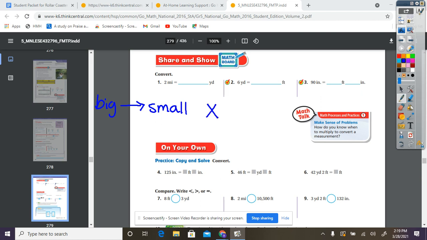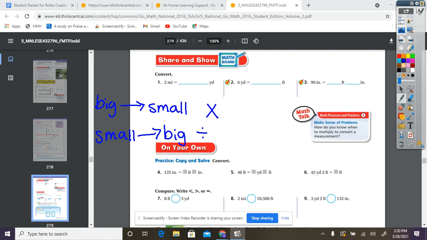So I'm going to write a times sign there. When you go from small units to big, such as if I was going from feet and I wanted to know how many miles were in X amount of feet, I divide.